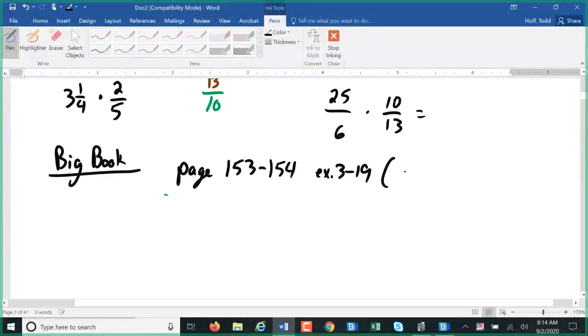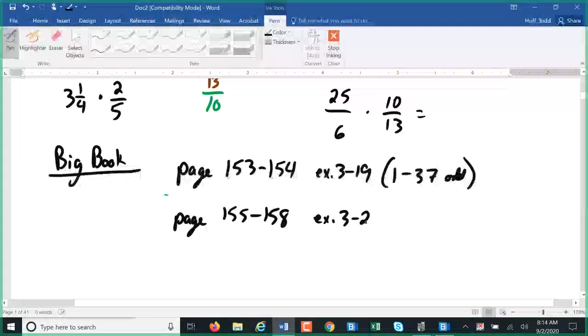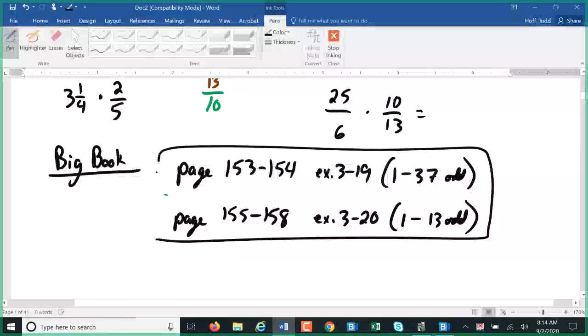Problems 1 through 37, the odd. Then also on page 155 through 158, it's labeled exercise 3-20, 1 through 13, the odds. Any questions?